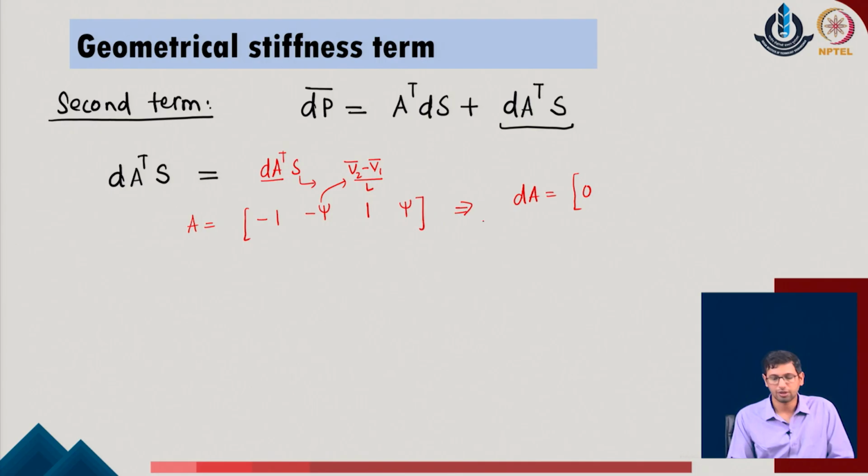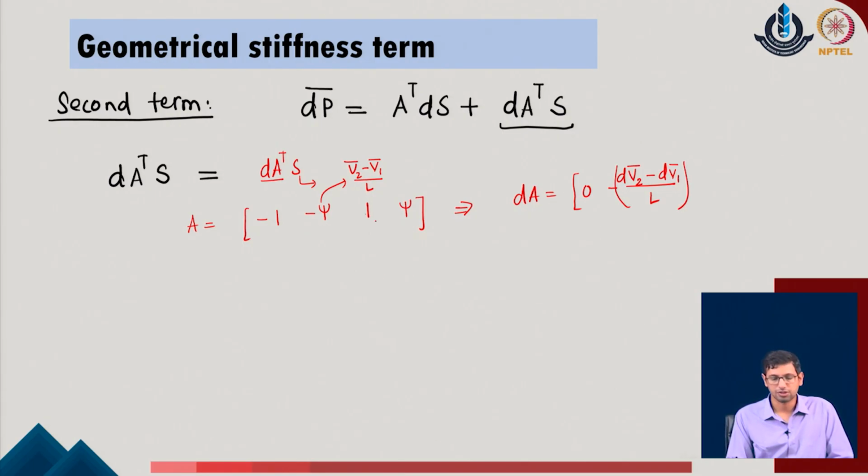For the second parameter, it will come out as d of V2 bar minus d of V1 bar upon L, and this all comes with a negative sign because this is minus phi.